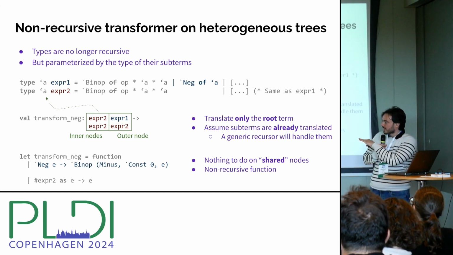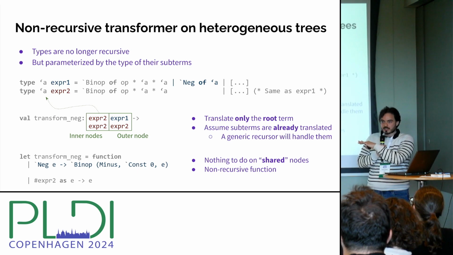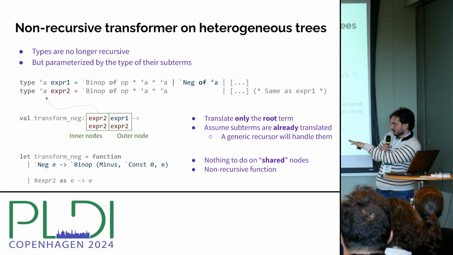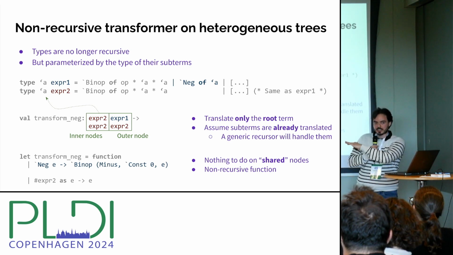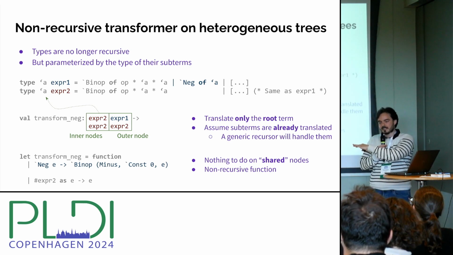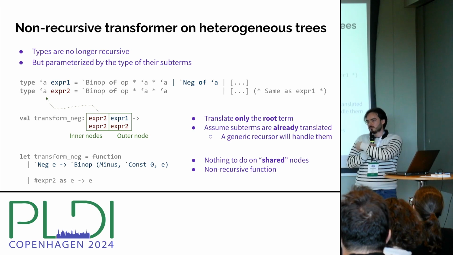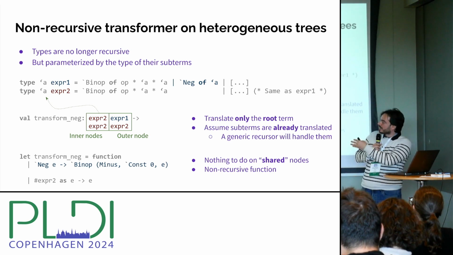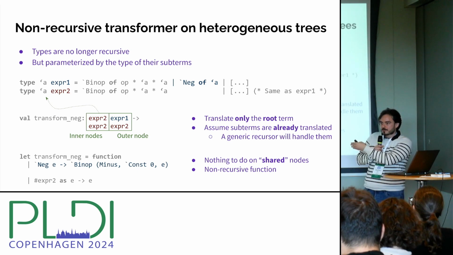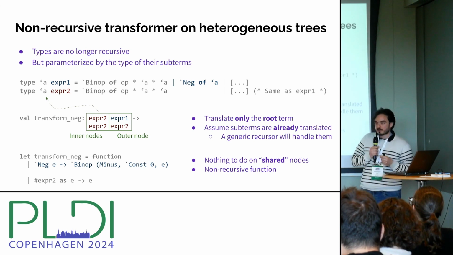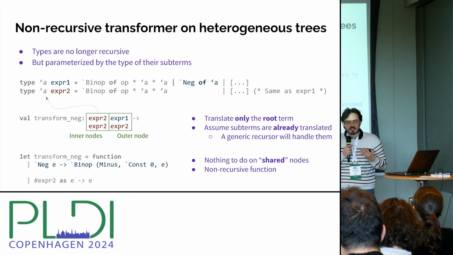And since expr2 is a subset of expr1, you can match. The hashtag expr2 is a syntactical construction in OCaml to match on a type. Here it matches on all constructors of expr2, which is a subset of expr1, and you can return it as it is because it's of the expected type expr2.